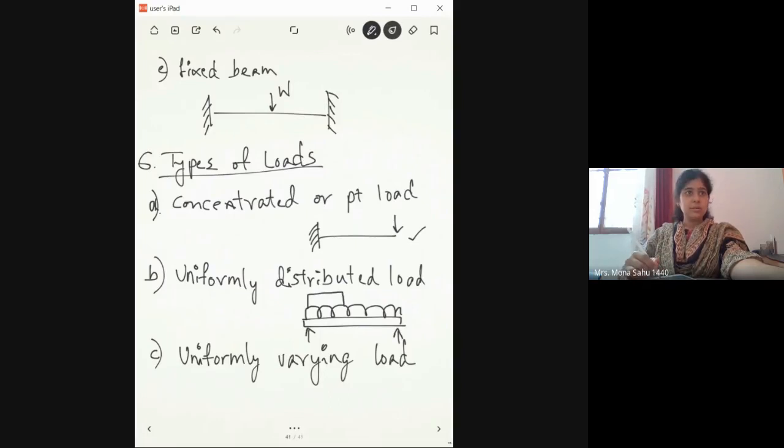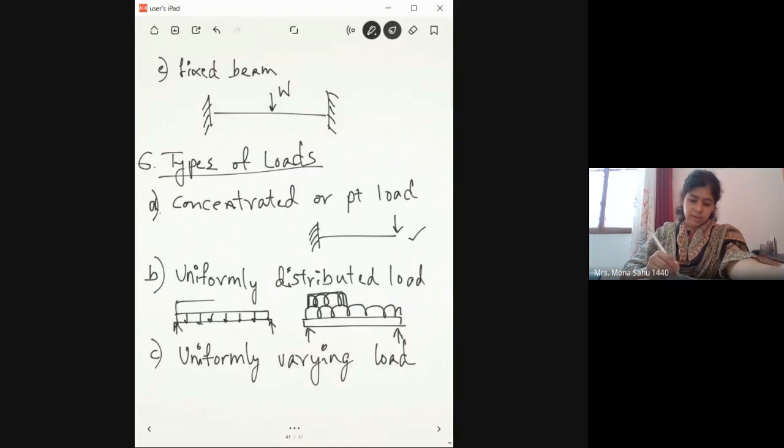The water tank also has a large area and it has weight. So this can also be denoted in this way: weight of the beam plus an extra weight of the tank. So you will denote it like this: weight of the building and weight of the water tank. It's a uniformly distributed load.